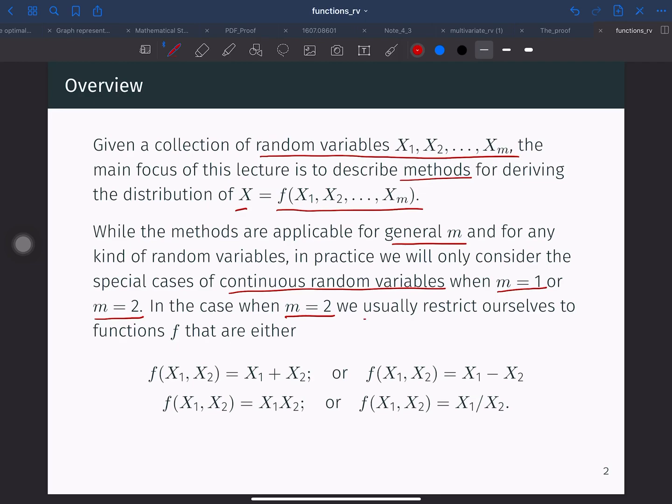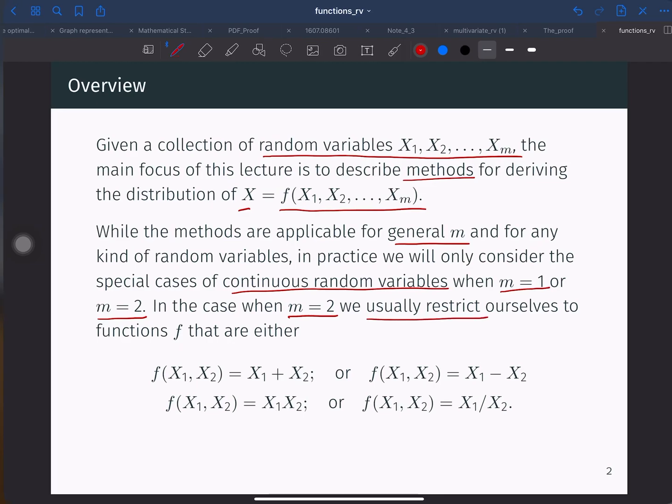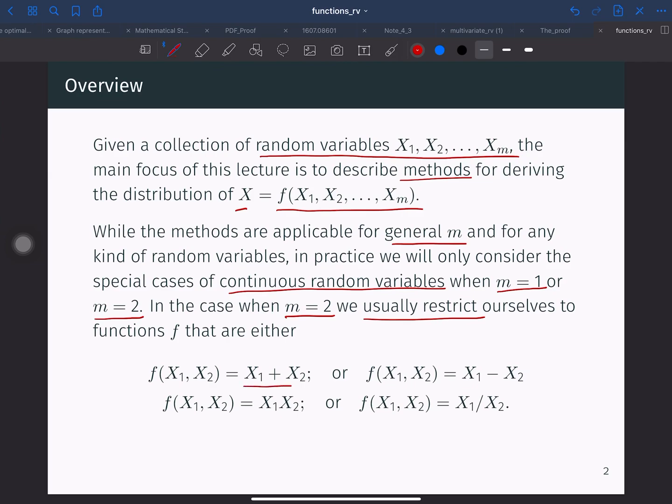We usually restrict ourselves to either adding, subtracting, multiplying, or dividing two random variables. Like I said, the techniques are applicable in general, but most of the examples in statistics turn out to be much simpler, so either summation or even multiplication.